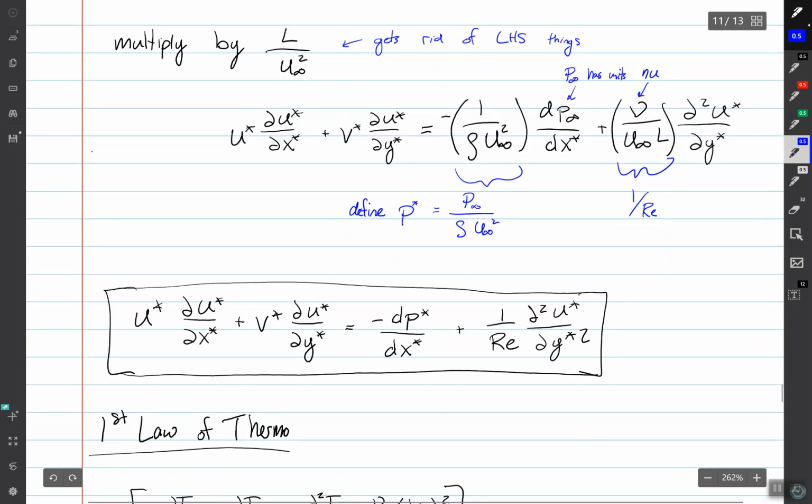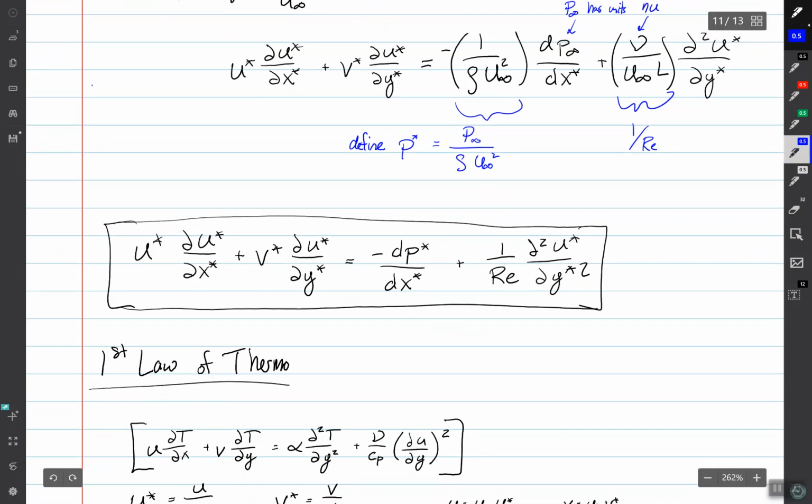And what that does is then gets rid of that grouping of units. Right, so we get this equation here that I have boxed, which is really 2D F equals ma. Right, it's Newton's second law.